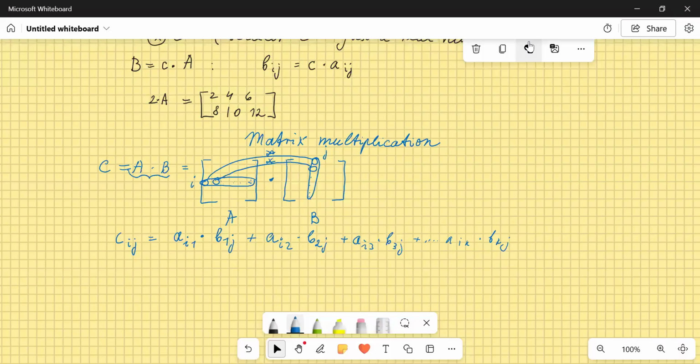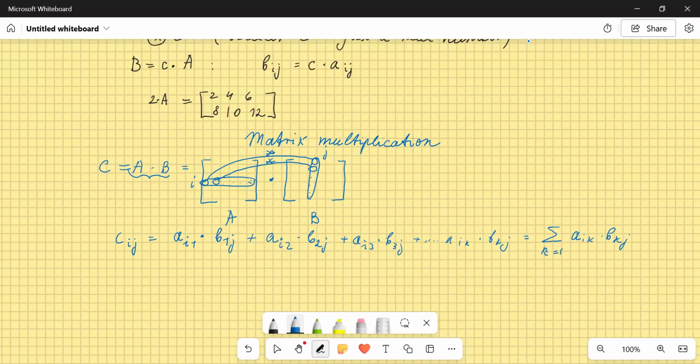But before I move to a real example, I want to write down this formula in sigma notation. So I'm going to put A_iK by B_Kj, and I'm going to use index K as a summation index.